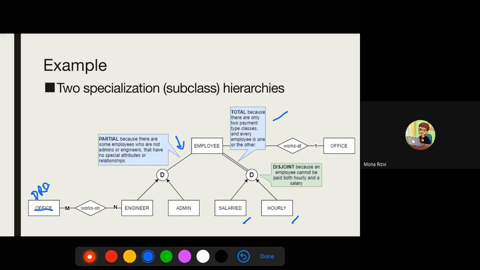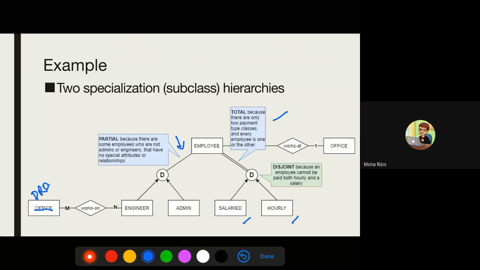But this partial constraint tells us that there can be employees in the database that are neither engineer or admin. There's something else, like a cleaning person or a senior manager. There's neither an engineer or administrator. So those are the two constraints.